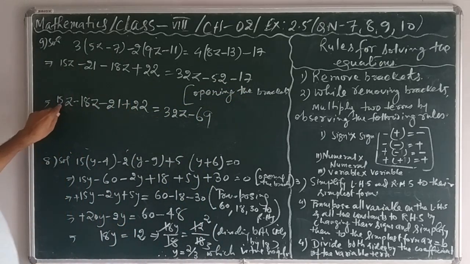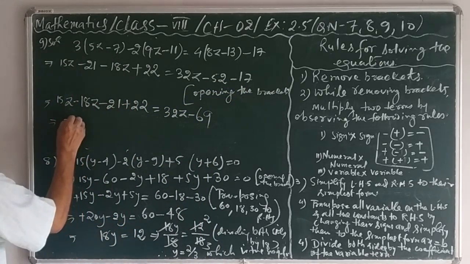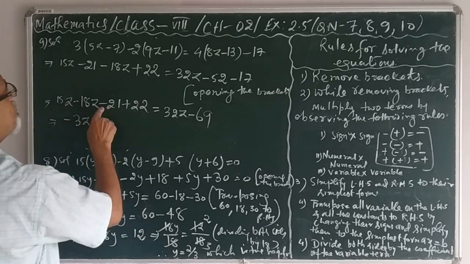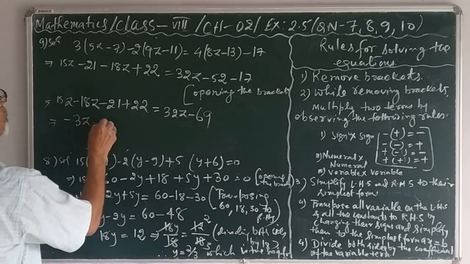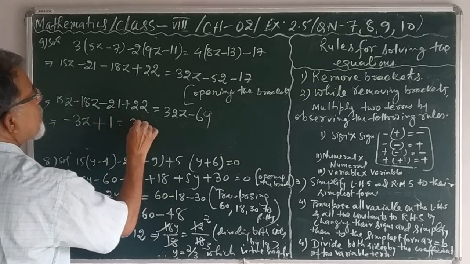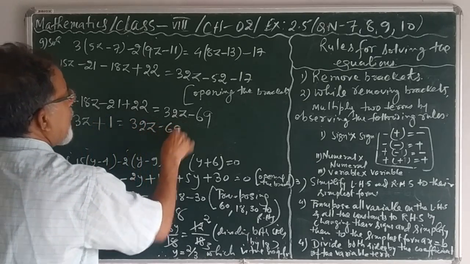Here 15z minus 18z is equal to minus 3z, and minus 21 plus 22 is equal to plus 1. This is 32z minus 69.